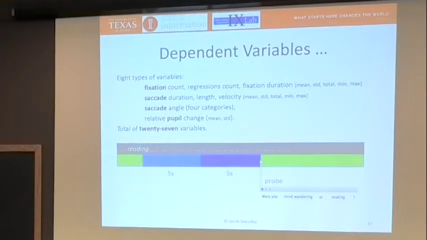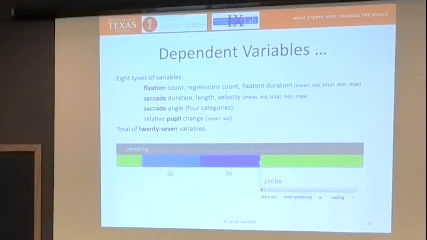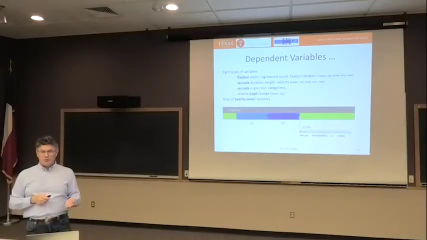A variety of measures derived from eye fixation durations. Saccades. Saccades are the quick, very fast eye movements between fixations. They are actually the fastest movements our body is capable of. They go up to 500 degrees of visual angle in 1 second. So it's quite fast, and also relative pupil change.